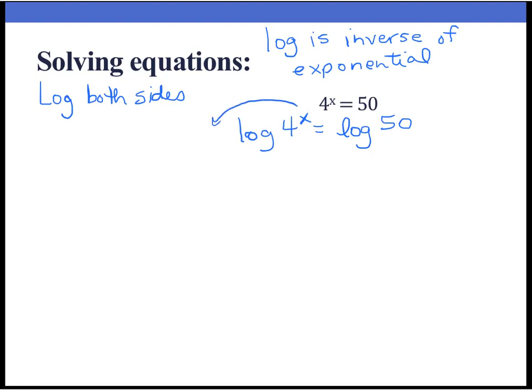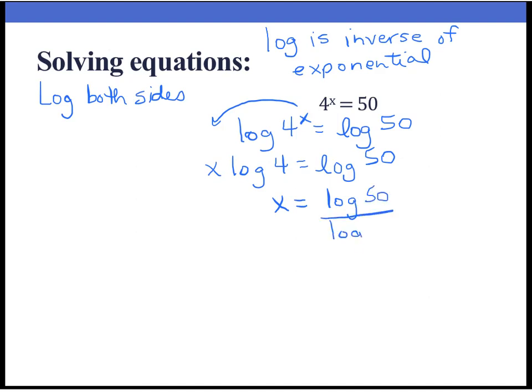So I'm going to say x log 4 equals log 50. And then we're going to solve for x. So x is equal to log 50 divided by log 4.